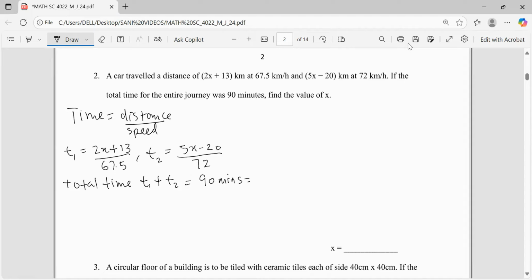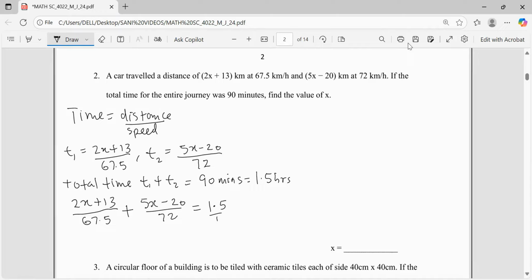And 90 minutes is 1.5 hours. So 2x plus 13 over 67.5, that is t1, plus t2, 5x minus 20 over 72 equals 1.5.